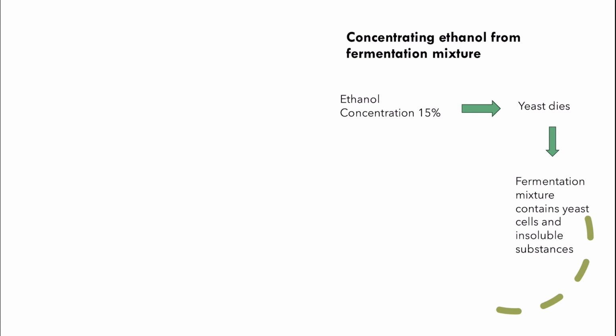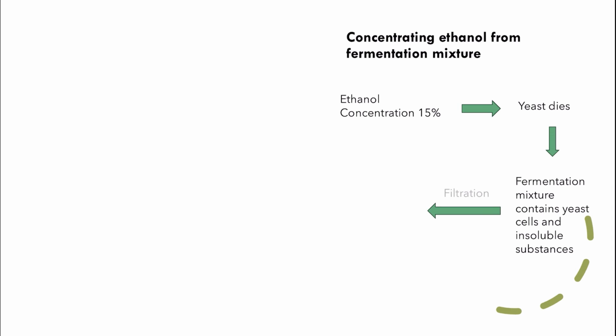One of the main problems of this method is that the ethanol that is produced is very dilute, and we need to concentrate and purify the ethanol before it can be used. So concentration of ethanol from the fermentation mixture is quite important. First of all, when the ethanol concentration reaches 15%, the yeast will die. The mixture will now contain yeast cells and some insoluble substances.